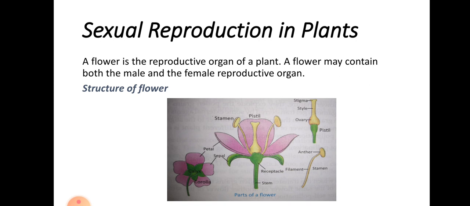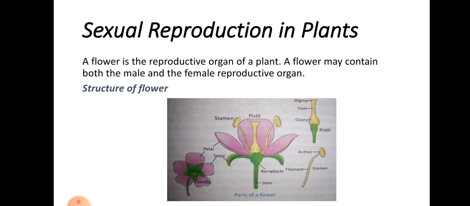Next, corolla. As the calyx is the outermost, the corolla is the second whorl of a flower and is divided into segments. You can see there three, four, five segments.